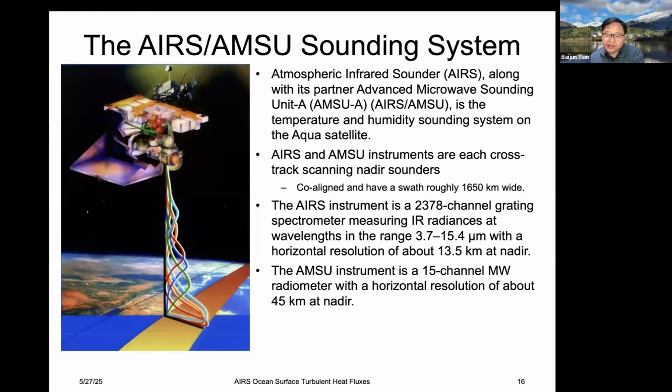So AIRS is a 2,378 channel grating spectrometer to measure infrared radiance at wavelengths in the range 3.7 to 15.4 micron, with a footprint of about 13.5 kilometers at nadir, while AMSU is a 15-channel microwave radiometer with a footprint of about 45 kilometers at nadir.